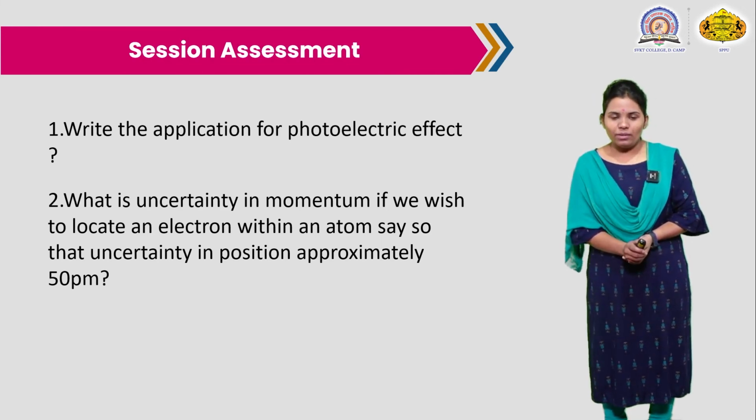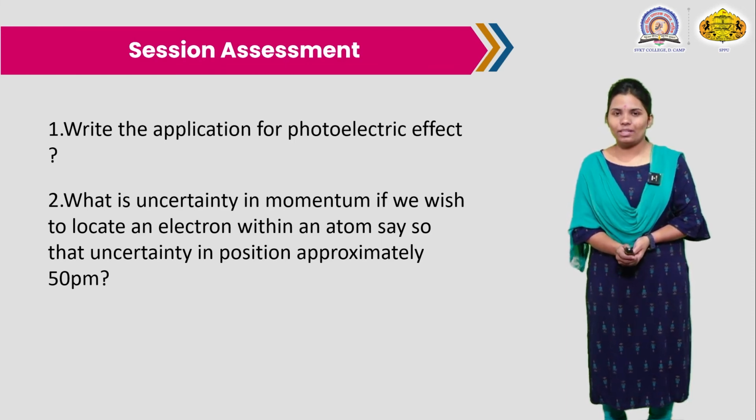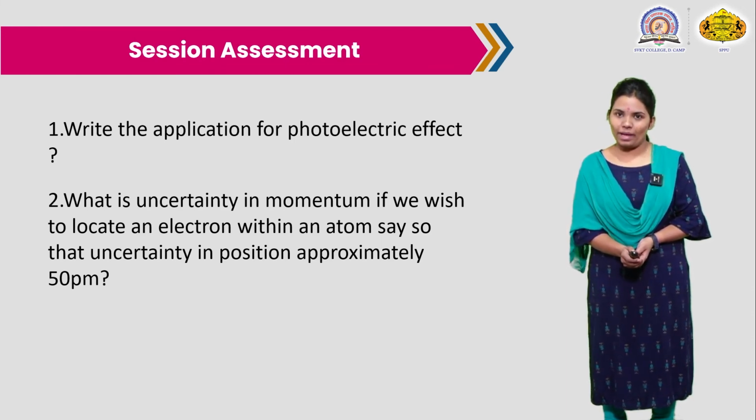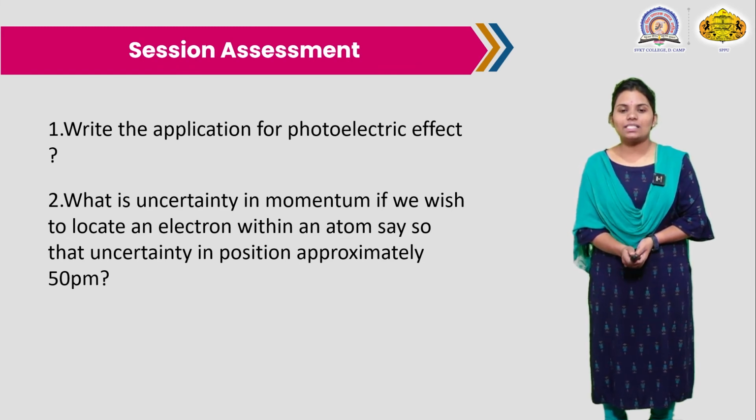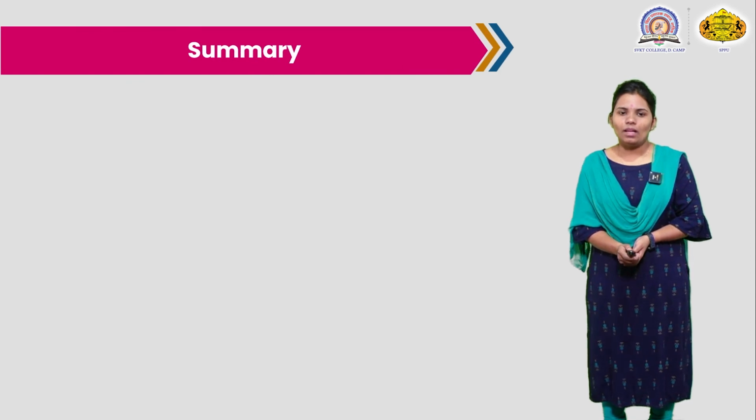The uncertainty in position, delta x, is given, and they are asking about delta p. You know the relation is delta x into delta p equal to h upon 4 pi, where h is Planck's constant. From that you can easily calculate the uncertainty in momentum. Pi you can take as 22/7.